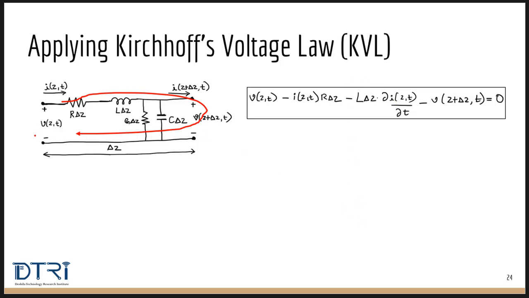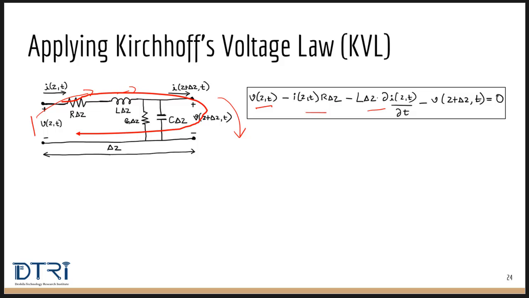So we have plus V of Z comma T, that is this term, and then it flows like this, I of Z comma T into R delta Z. Then we have L delta Z, this portion, and then it flows like this. So we have minus V of Z plus delta Z comma T, which is equal to 0.